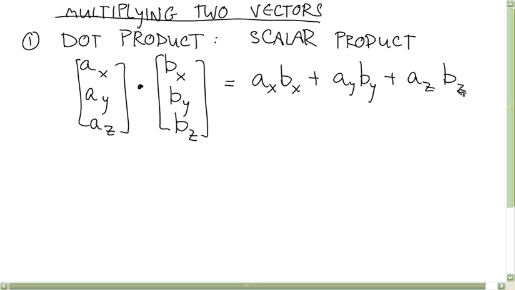That's a scalar value, just a single number. And notice that if you're doing this in 2 dimensions, this formula works. Az and bz are just equal to 0, so your last component here is equal to 0.